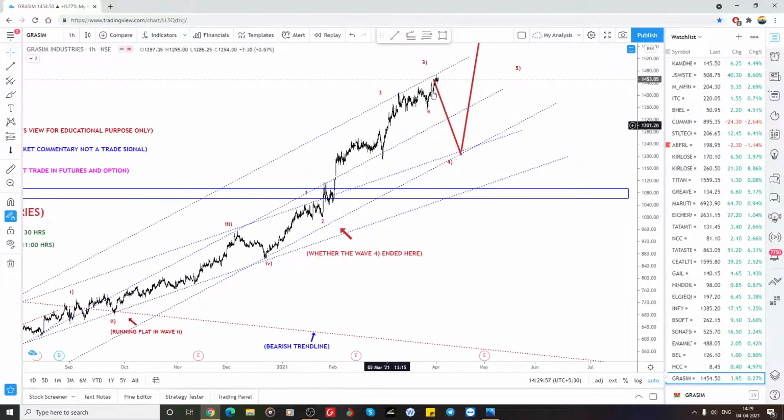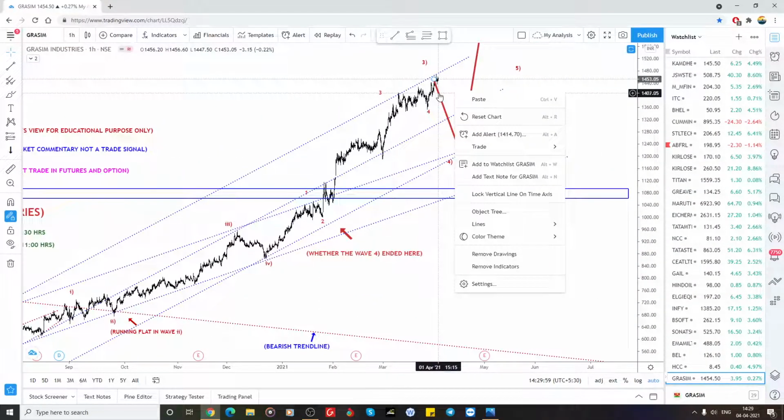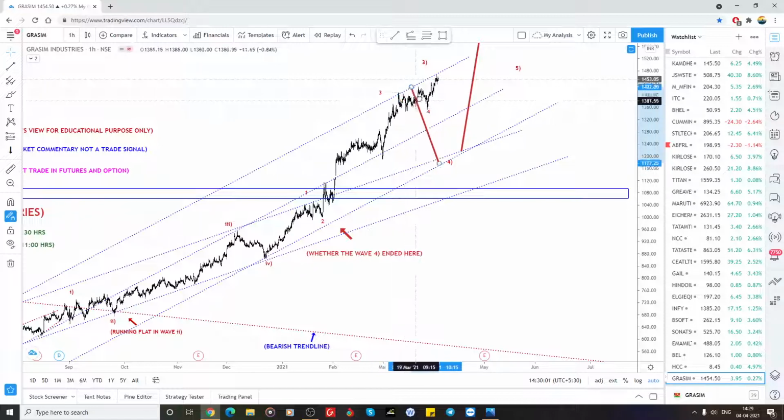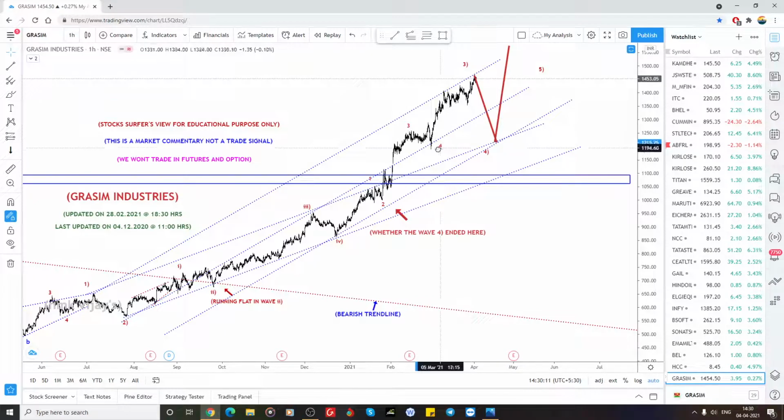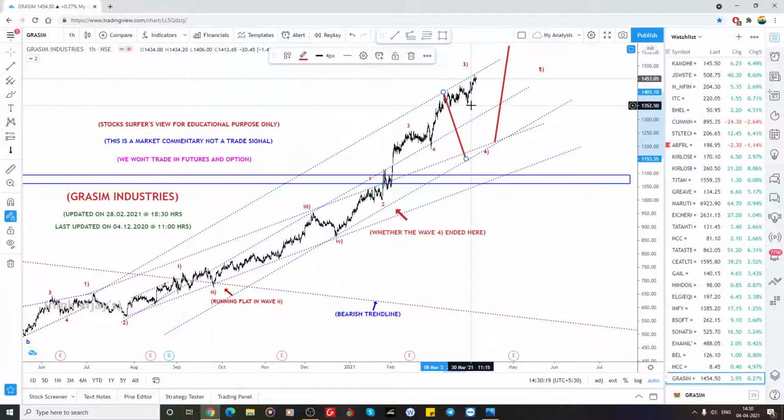So Grasim, from here itself I'm expecting that drop, but it is still holding and making a higher high from here. I suggested previously I took this as a third wave and this is the fourth wave. If it is the end of the fifth wave, from here it has to come down. But again it made a three-wave structure here, and again it did a higher high.